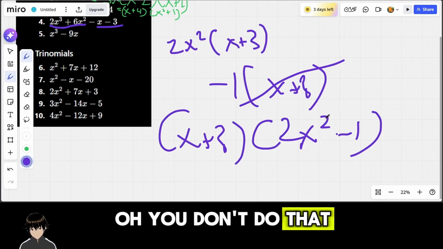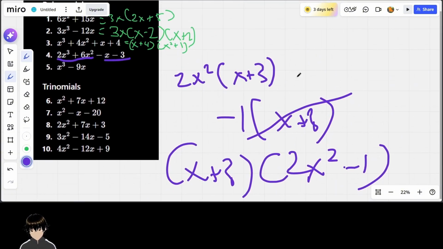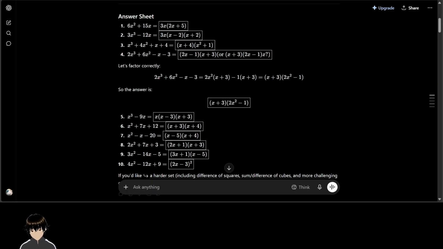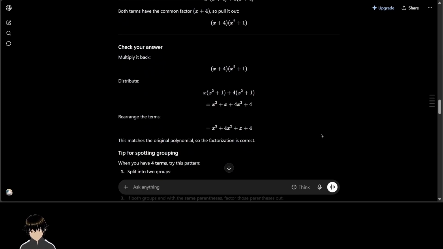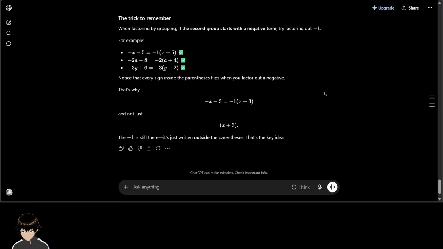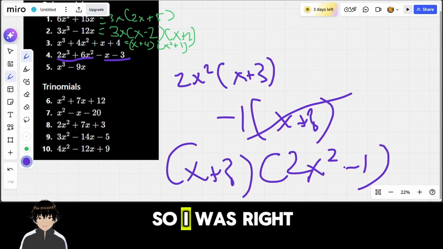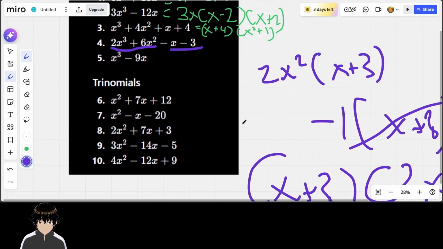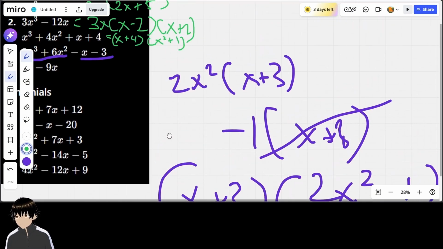Oh, you don't do that. X plus 3 squared. So I was right. ChatGPT was wrong. What are you doing, ChatGPT?